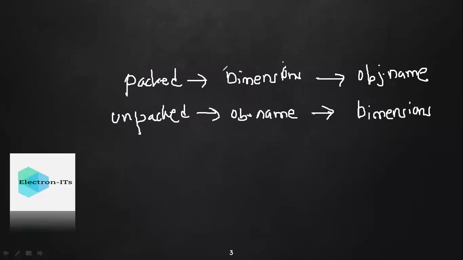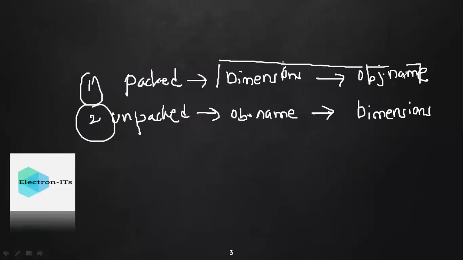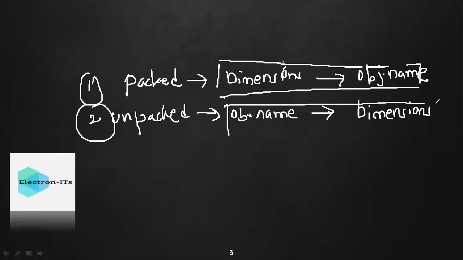So this is how we can represent packed arrays and unpacked arrays. These things you have to remember while declaring arrays: when it is packed, dimensions come before the object name, and when it is unpacked, the object name comes first and then the dimensions.